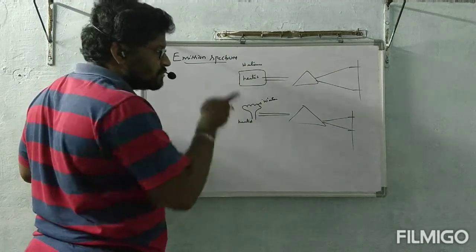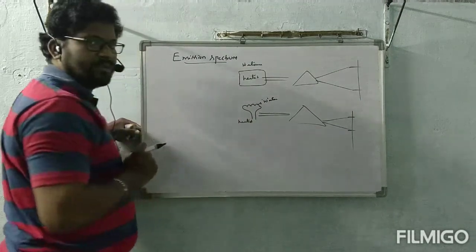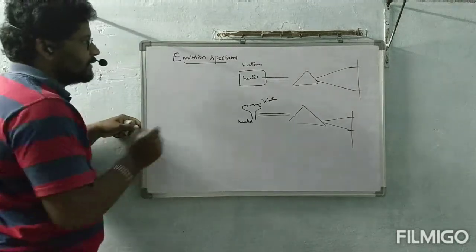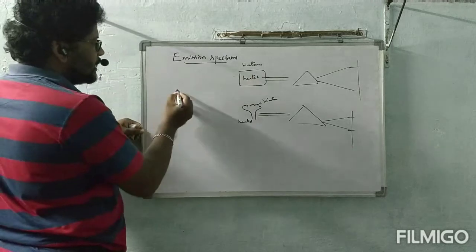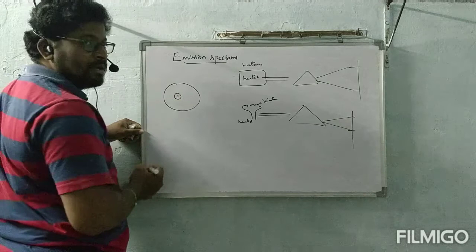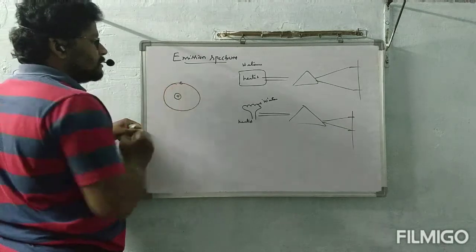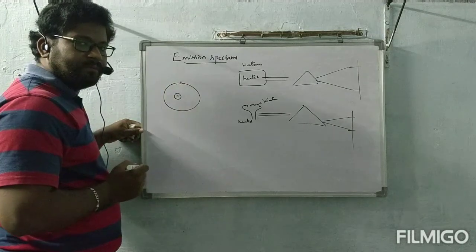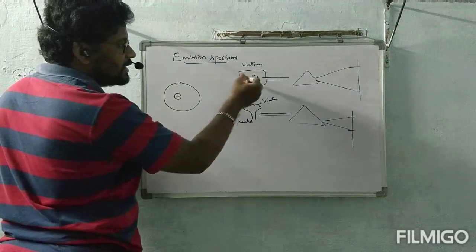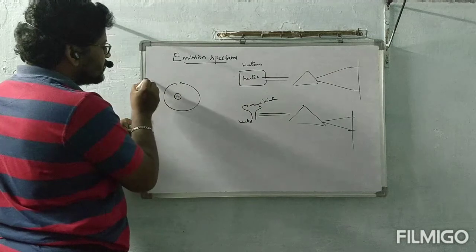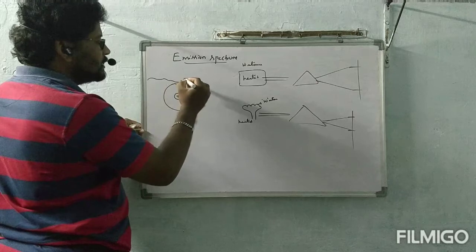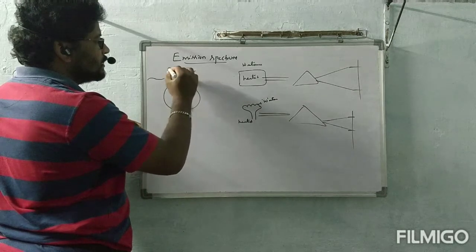These are all examples of emission spectrum. Why is this called emission spectrum? What is happening inside? Let us consider an H atom. An H atom contains a nucleus and one electron in the ground state. When this H atom is heated, the electron absorbs the energy and goes into a high energy state.